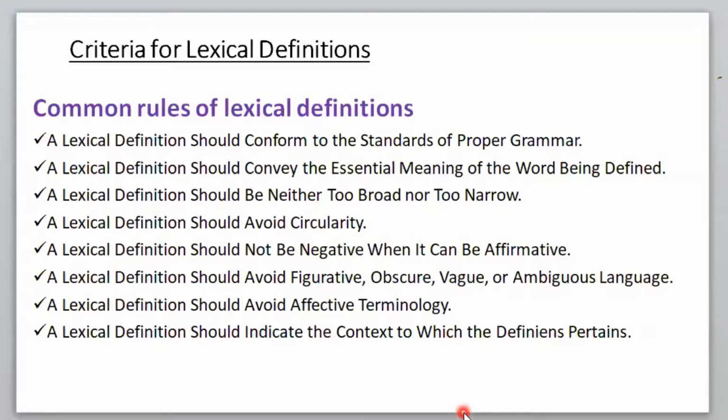The first common rule that is applied is that a lexical definition should conform to standard, proper grammar.